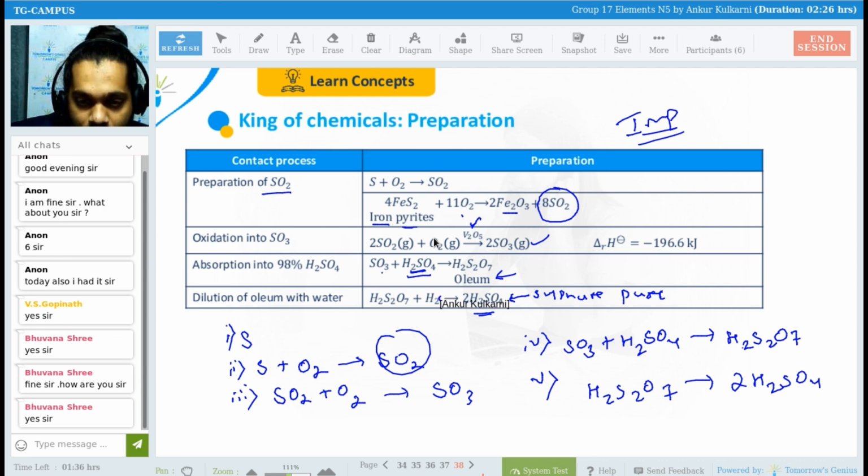And it is with water, H2O. Dilution with water, hydrolyze it. Bhuvaneshwari is done. Come on, go ahead, everyone, write it down.